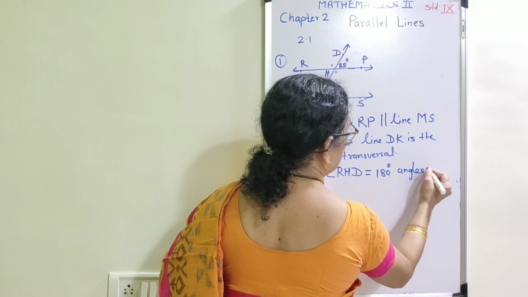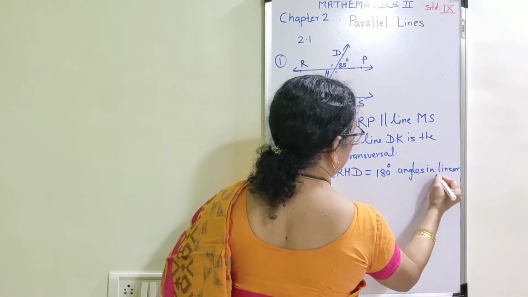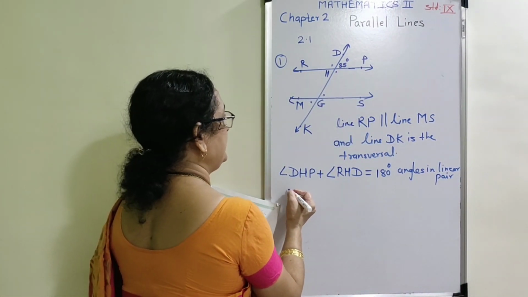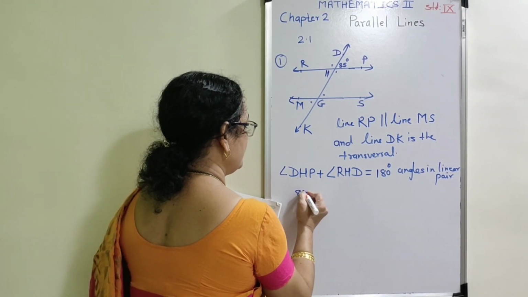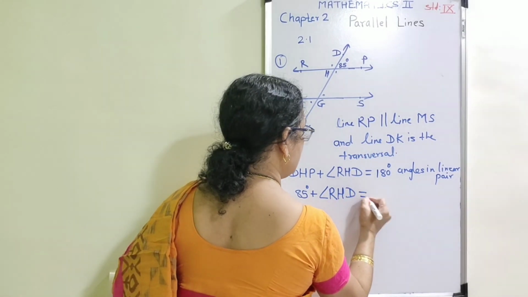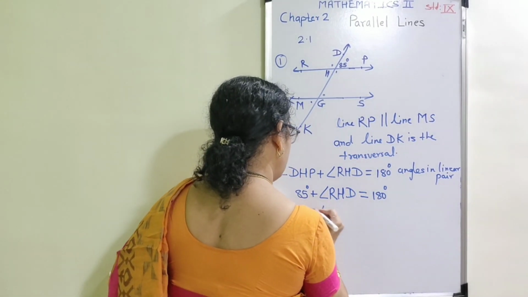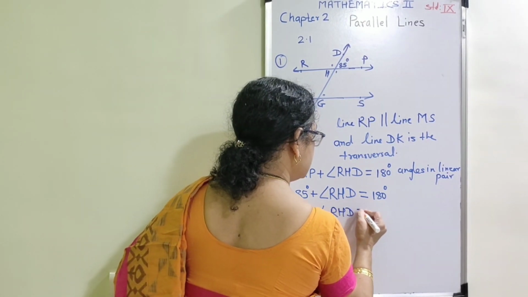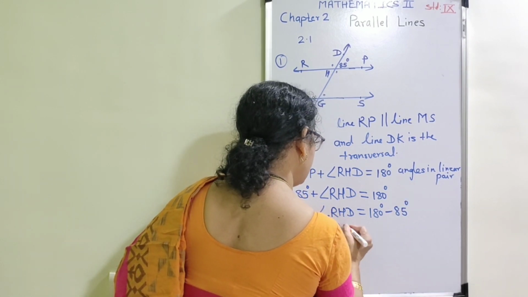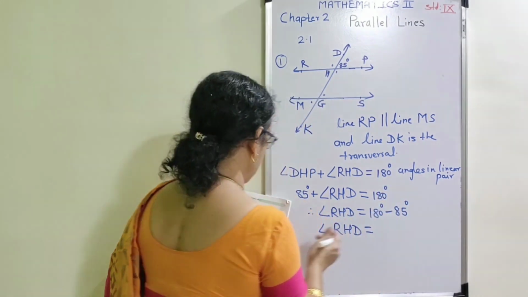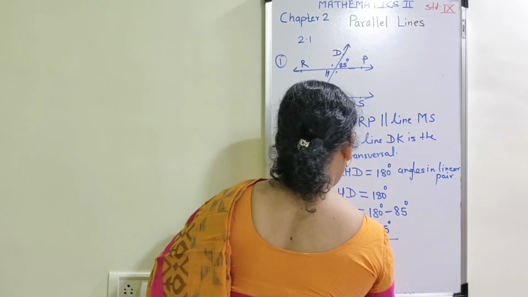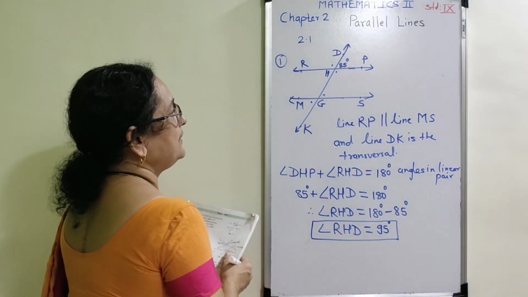The reason is angles in a linear pair. Since these two angles are in a linear pair, their addition is 180 degrees. Now the measure of angle DHP is given as 85 degrees. Write 85 degrees plus angle RHD is equal to 180 degrees. Therefore angle RHD is equal to 180 minus 85 degrees. When we subtract 85 from 180, your answer is 95 degrees. And therefore the measure of angle RHD is equal to 95 degrees.